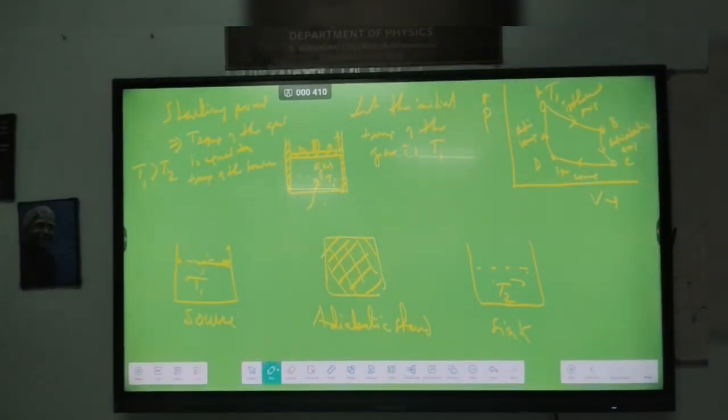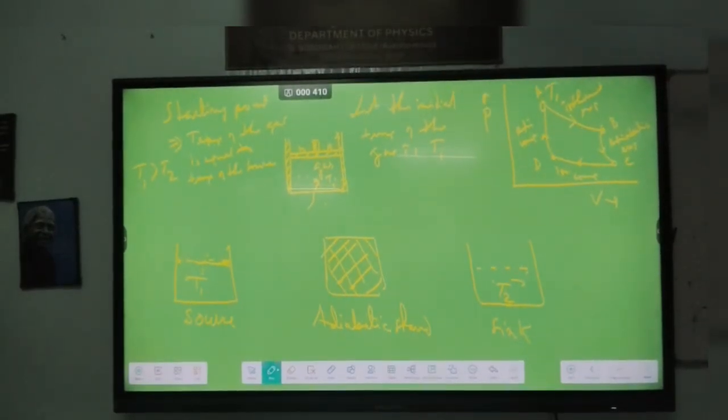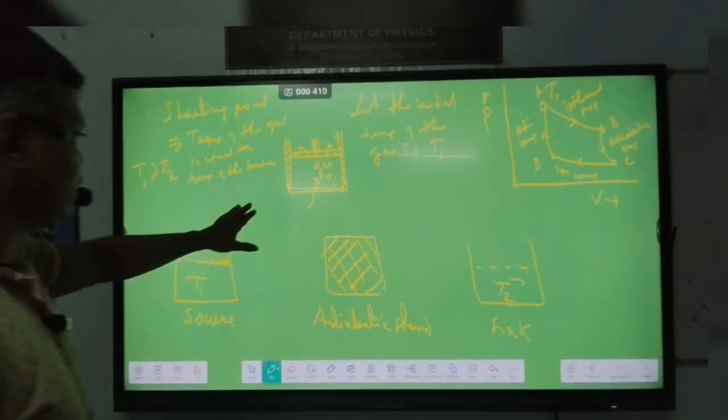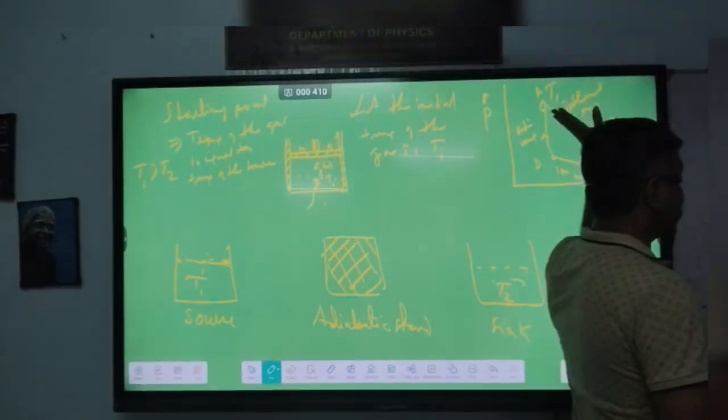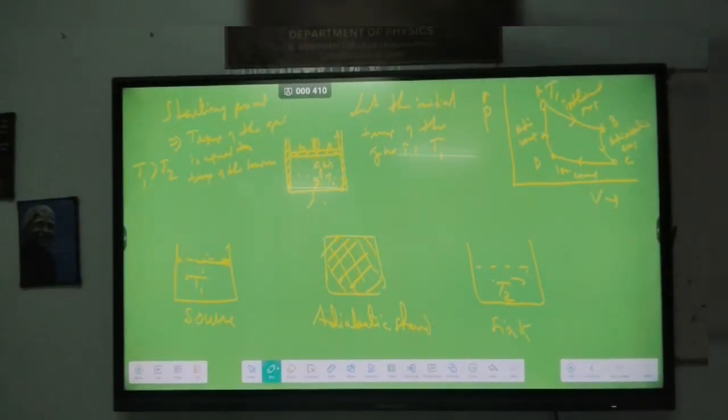Now, if you want to expand the gas isothermally from that situation, from the temperature T1, the gas is at temperature T1.